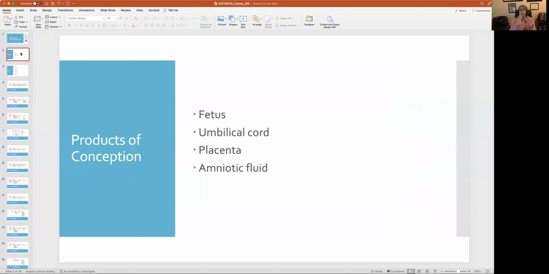So, the products of conception: the fetus, the umbilical cord, the placenta, the amniotic fluid, and a bunch of other tissue and stuff like that. Okay?